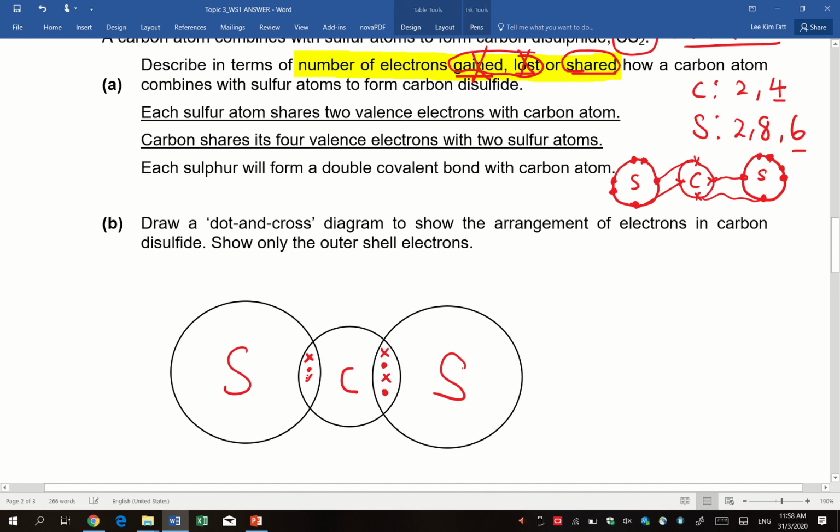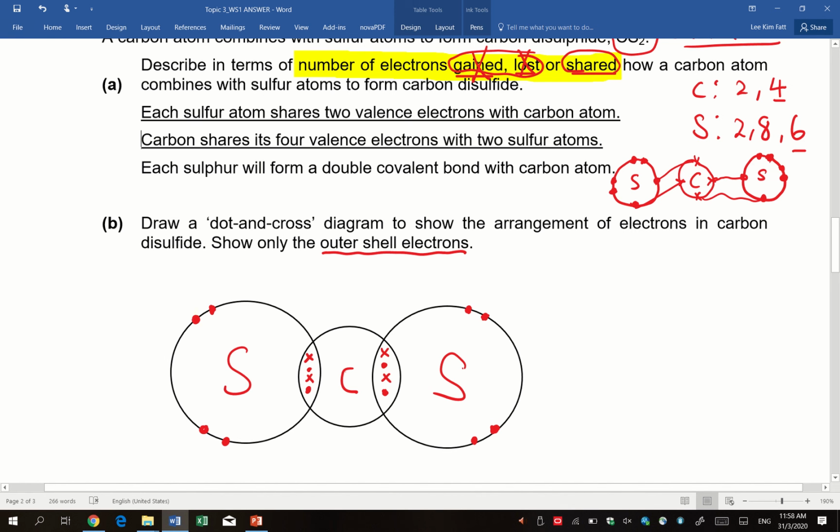1, 2, 3, and 4. And then for each of the sulfur atoms, I will have 4 electrons that do not take part in the bonding. So 1, 2, 3, 4. Take a look at the question. The question only asks you to draw the outer shell electrons, which is what I've done over here.